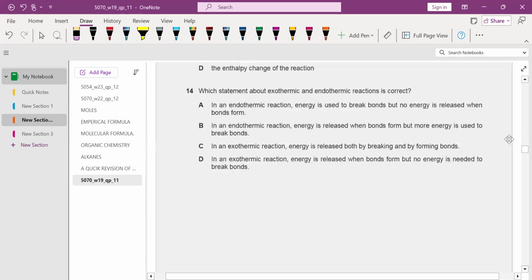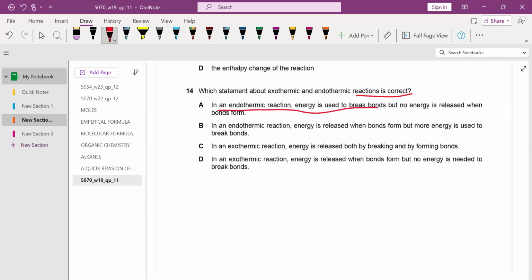Question number 14. Which statement about exothermic and endothermic reactions is correct? In an endothermic reaction, energy is used to break bonds, but no energy is released when the bonds are formed. No. In an endothermic reaction, energy is released when the bonds form, but more energy is used to break the bonds. Yes, so this statement is correct.